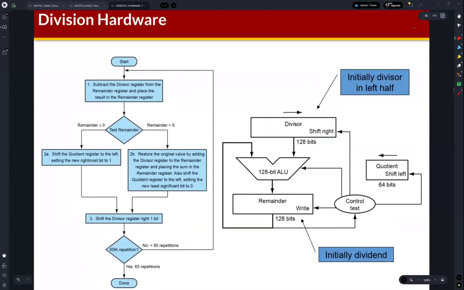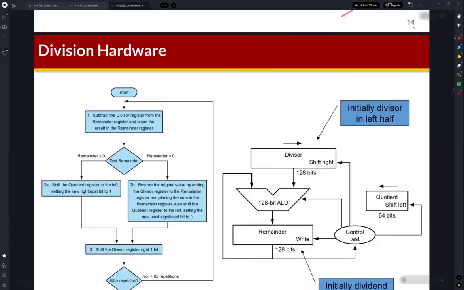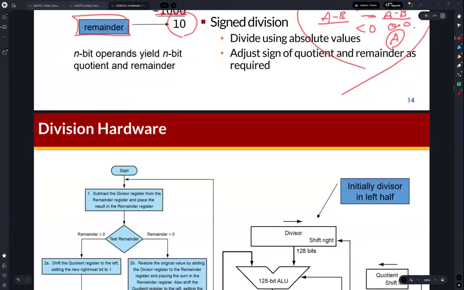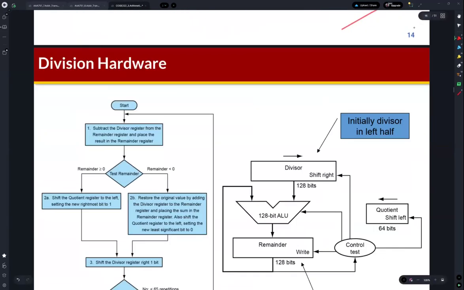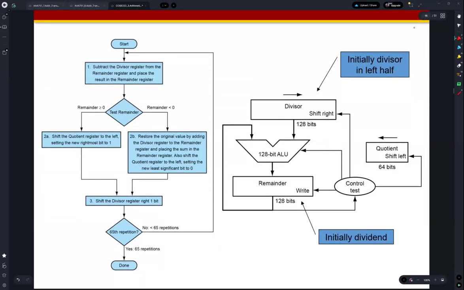Like the multiplier, we can implement the divider like this. We just shift the dividend. We compare the digit of the dividend using the divisor, and then we perform the subtraction, and this operation is just repeated.